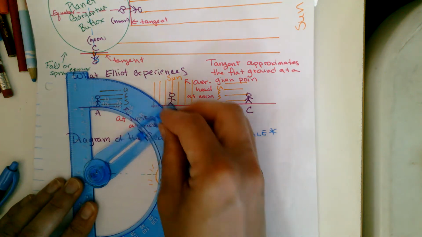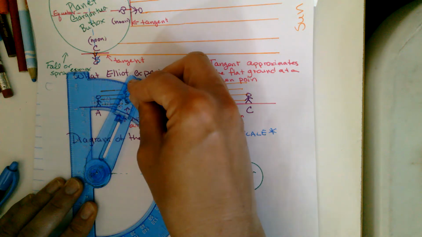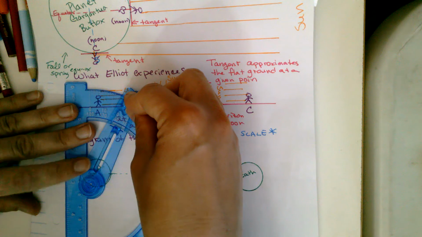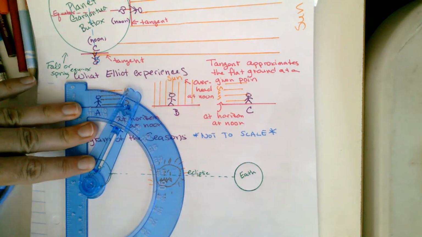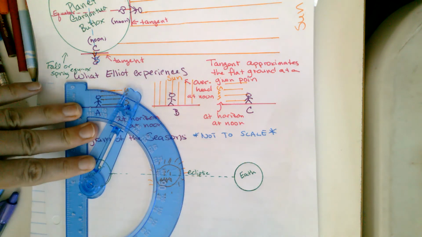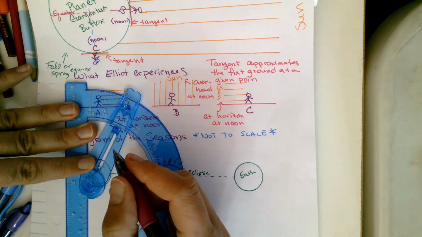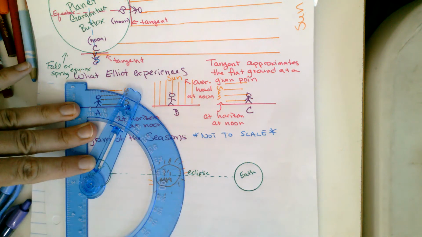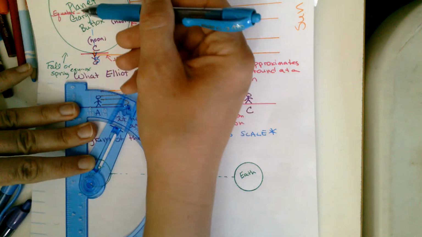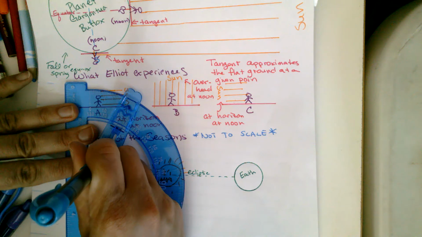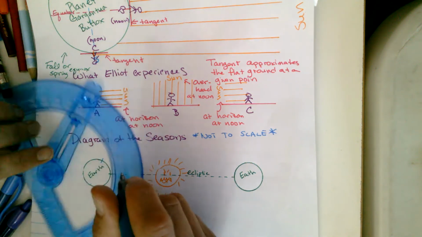I am using a protractor because I want to make it super nice and organized. So I am going to do it like this. And I am going to make my axis of rotation. Make sure that you make these different features different colors, so that when I'm grading it, it makes sense to me. So I'm going to keep consistent and make my axis of rotation this nice teal color.